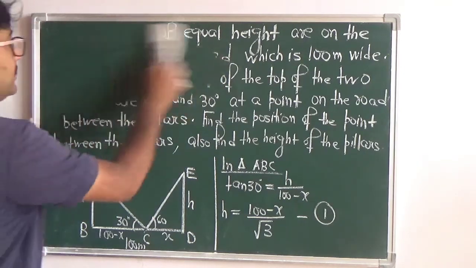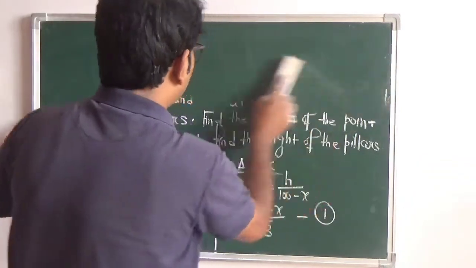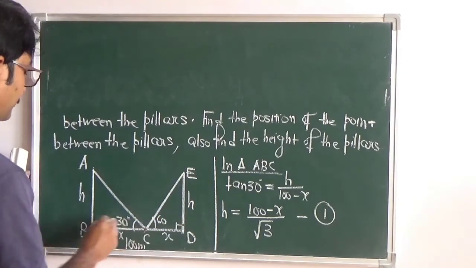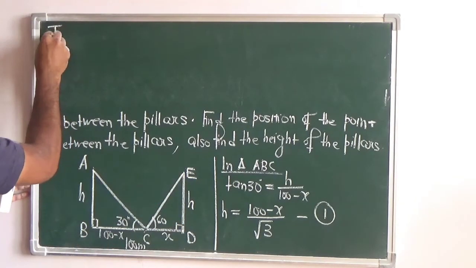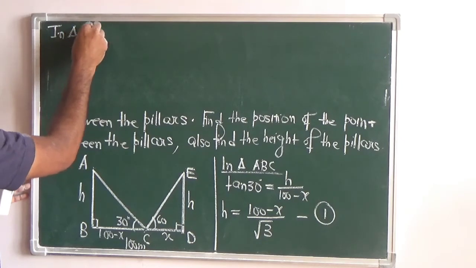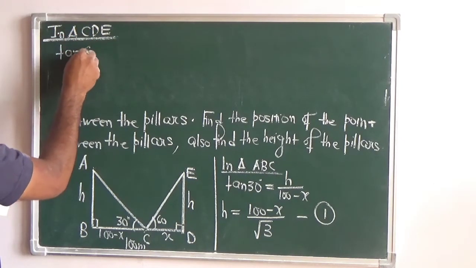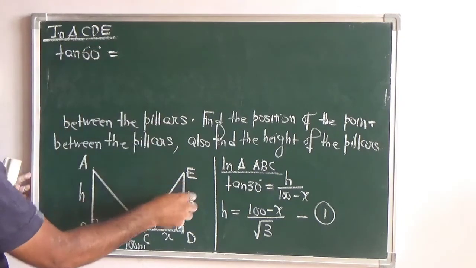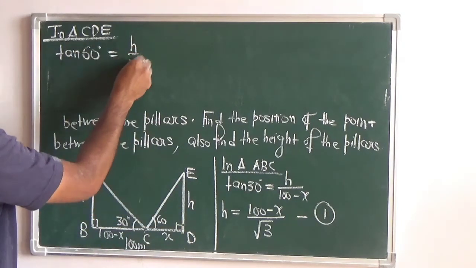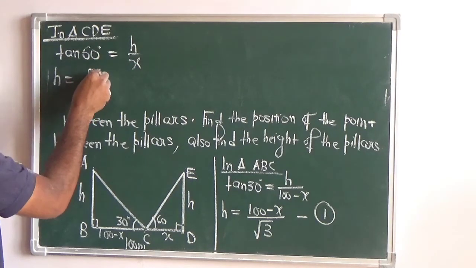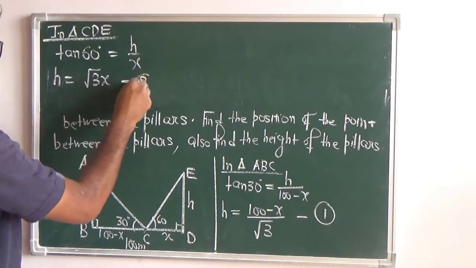Now moving on to the second triangle, triangle CDE. All are right angle triangles. In triangle CDE, tan 60 is equal to H by X. So H is X into tan 60, and tan 60 is root 3, so H equals root 3 X. This is equation 2.